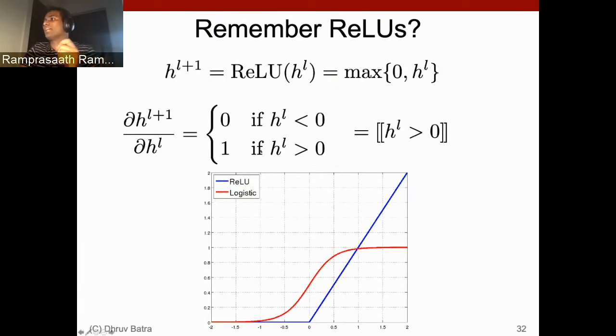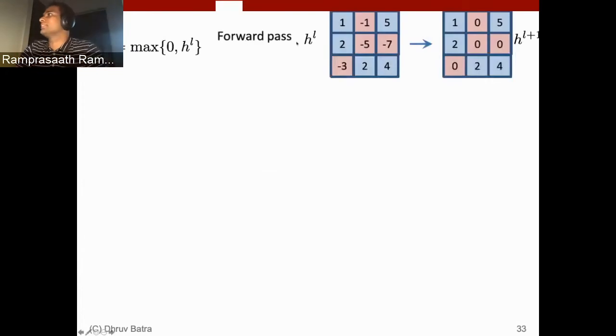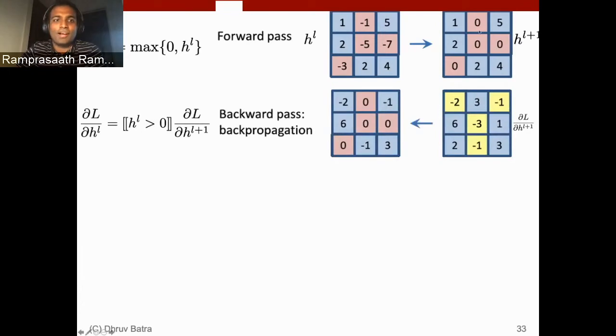If it is positive, then you feed the gradients as they are. If the forward pass activations are negative, you don't pass that gradient. For example, this is your ReLU. When this input passes through a ReLU, the values highlighted in red would be zeroed out. Now, let's assume that the gradients you get from the higher layers are these, and the yellow ones are actually negative.